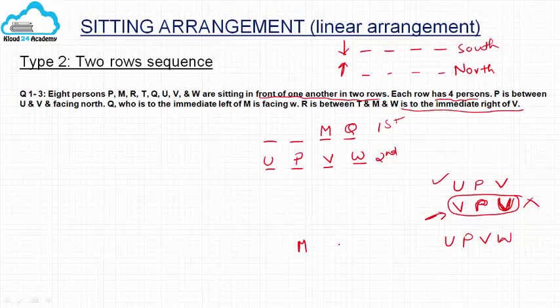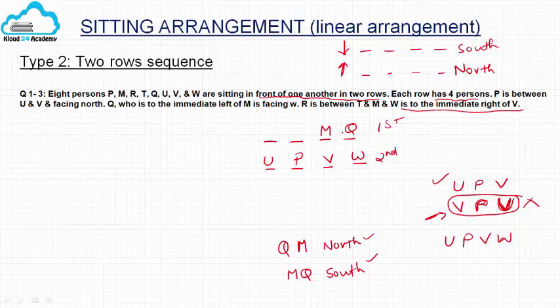If M is facing north, then Q will come here to the left. But if M is facing south, then its left will become here. So do take care whether they are facing north or south, because then they will change the left and right positions.